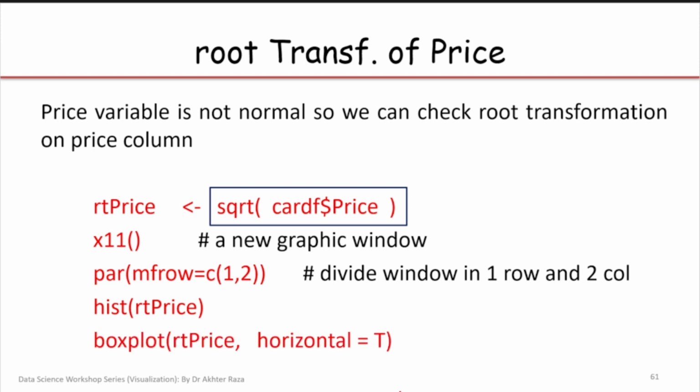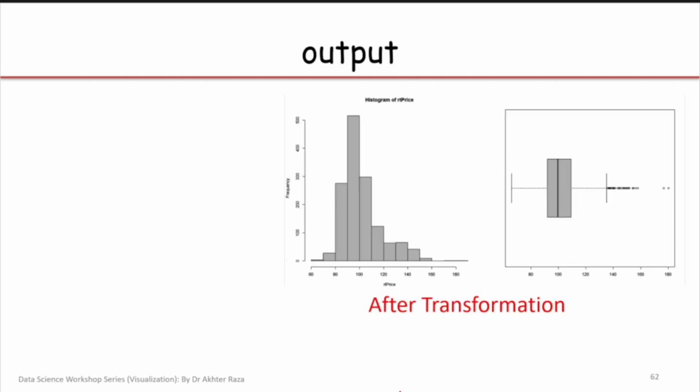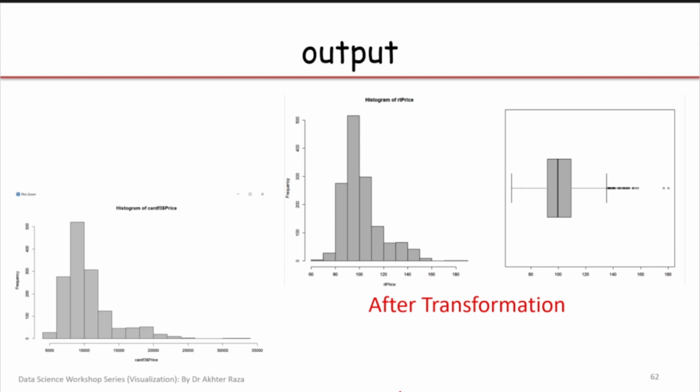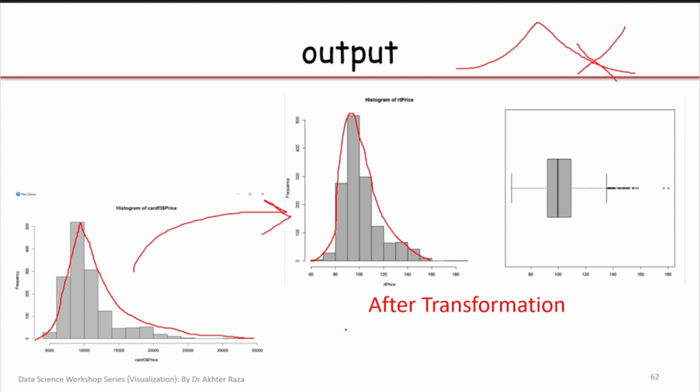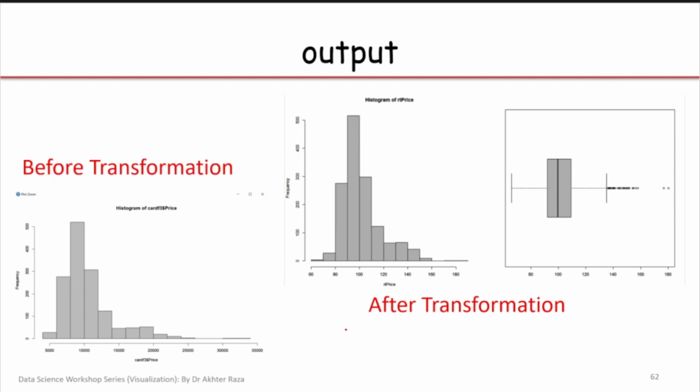So before transformation, what was the shape, and after transformation you can see. Before transformation the skewness was very strong, but after transformation it becomes better, but still it is not normal. It is not normal, but it is better than before transforming.